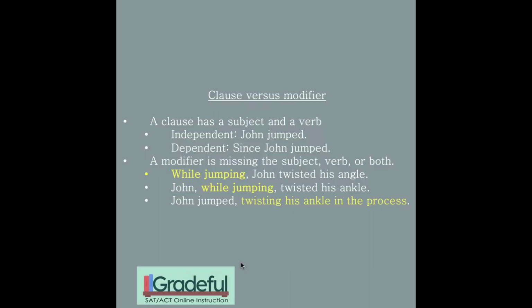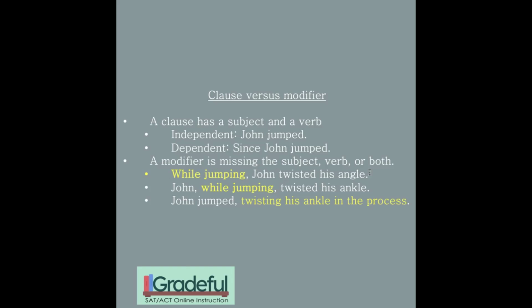Now, since we're throwing around some of these terms, clauses and modifiers, you can see that a clause is something with a subject and a verb. John jumped. A dependent clause would have an extra word or something going on that makes it dependent, since John jumped. A modifier is when something's missing the subject, the verb, or both, while jumping. Notice that if you have a modifier, you have to have an independent clause.